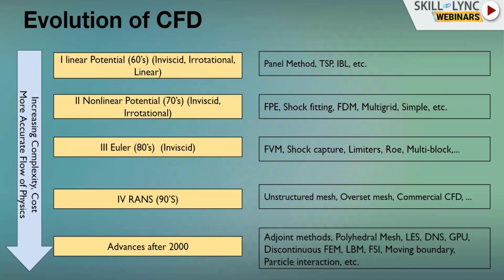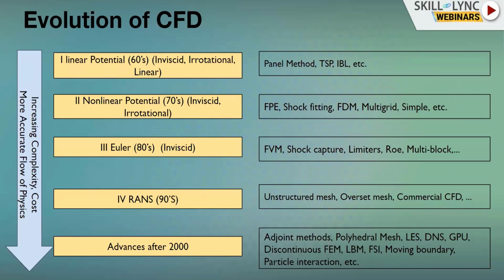The wide application of CFD started after 2000. So if you see, LES, DNS, all those things came, and a lot of models like particle interaction models, moving boundary meshes, multi-phase. So many different model aspects came into existence after 2000.